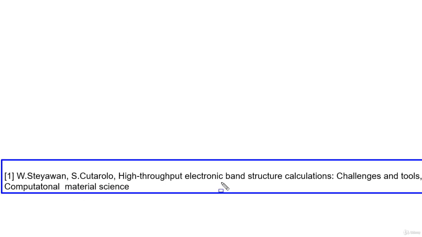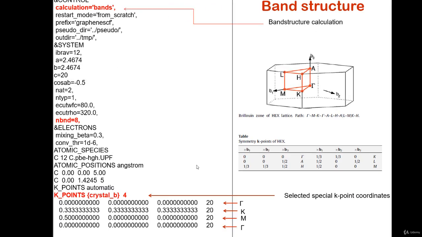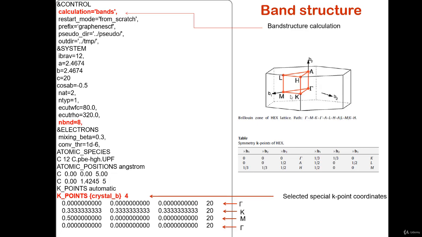For further details about it, you can use this paper. In this figure, you can see high symmetry points for hexagonal lattice here. Usually a path is chosen to pass from gamma, K, and M points.